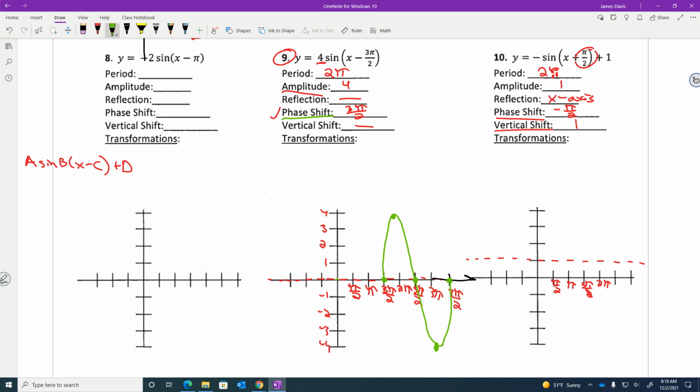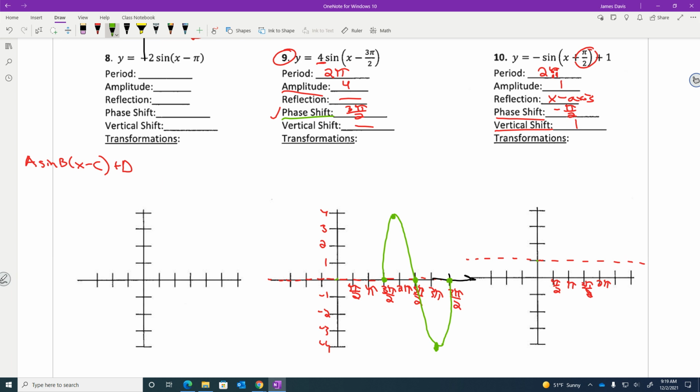Okay, now this one reflects and has a phase shift. So let's think about what that means. The amplitude is 1, so here. We always start here. We're going to reflect it. Is that going to change at this point at all when we're reflecting? This one will not change because it's still on the middle, reflecting from the middle.